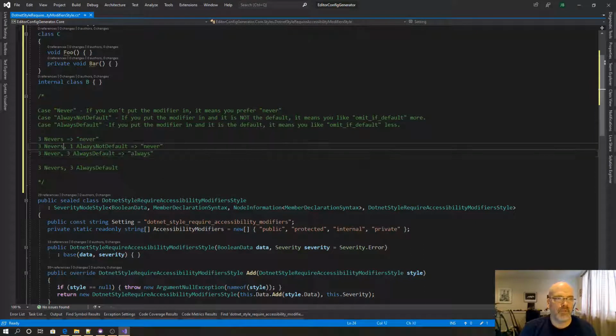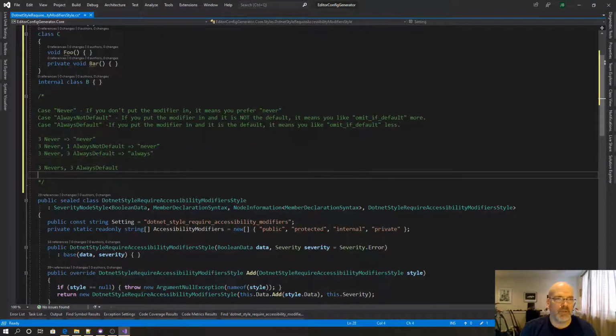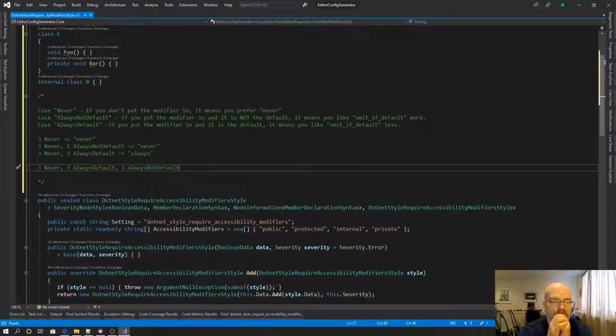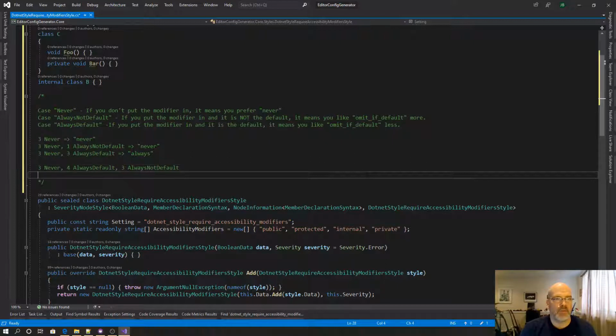and let's be a little bit more consistent with how I'm doing this logic in my head. Then let's say I ran into 3 always default. I'm sorry, not default. Well, I'm starting to see a greater than here. Let's say I do 4 here, 3 here, and 5 there.